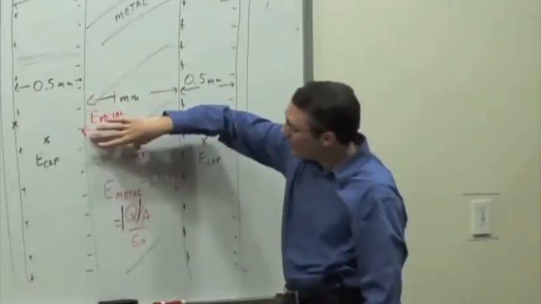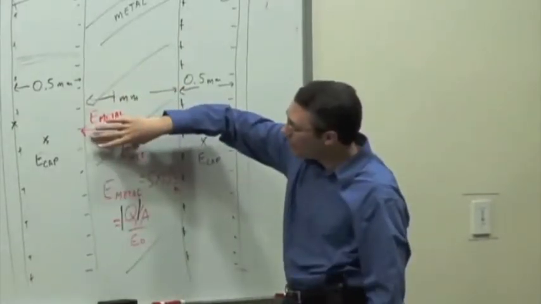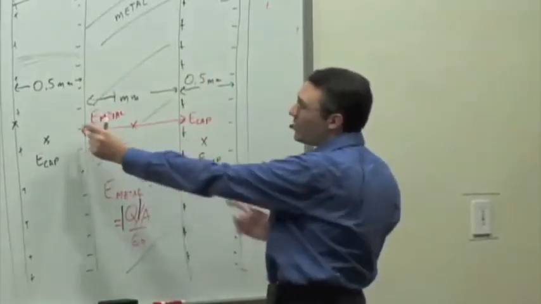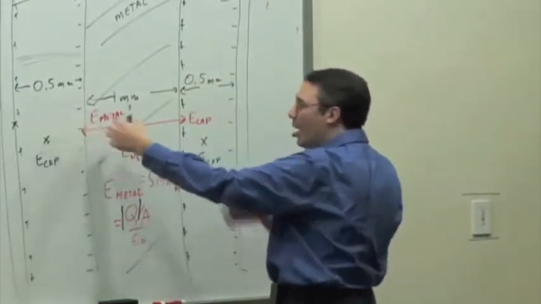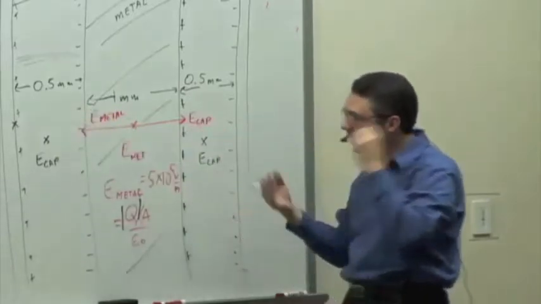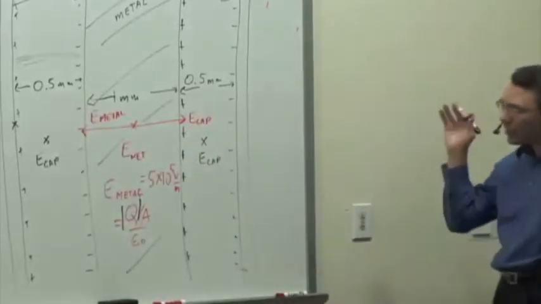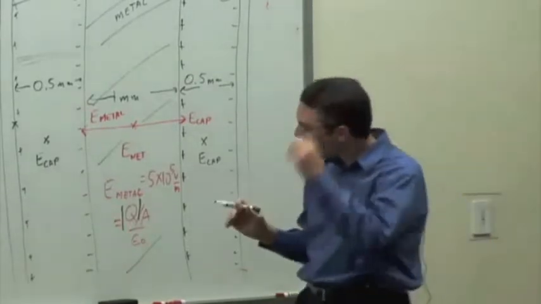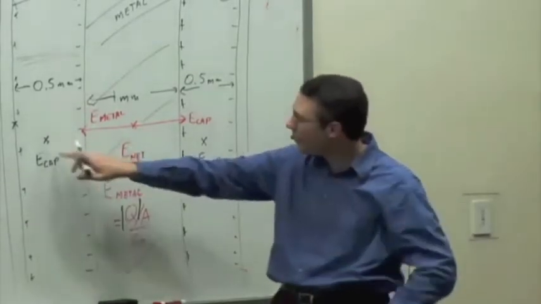This polarized slab behaves like a capacitor itself, but there is a small amount of field that it makes outside of its borders. We talked about that being the fringe field, the field outside of a capacitor. But if we ignore that small amount, it's going to be small compared to the field inside.